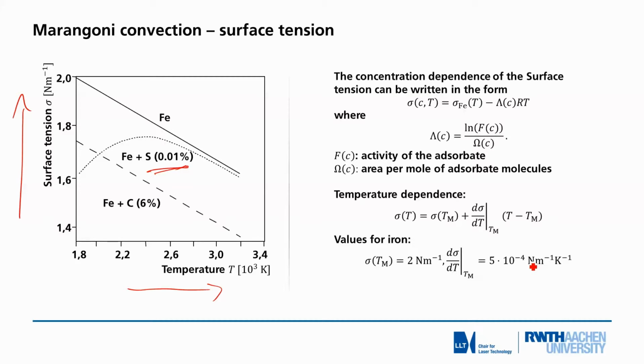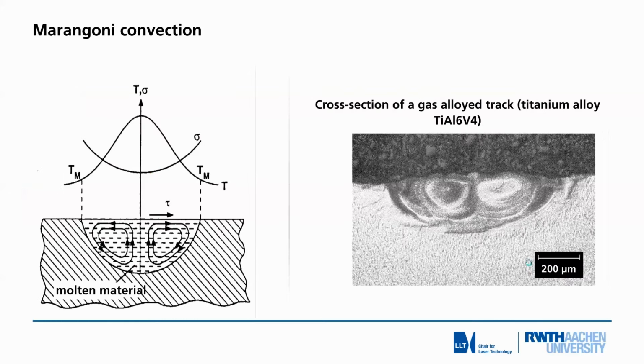Now, what does that mean for practice? Here on the right you can see a cross-section of a heat conduction weld. So again, the radiation was absorbed only in the surface and we had heat penetration in the typical spherical way of a three-dimensional heat conduction.